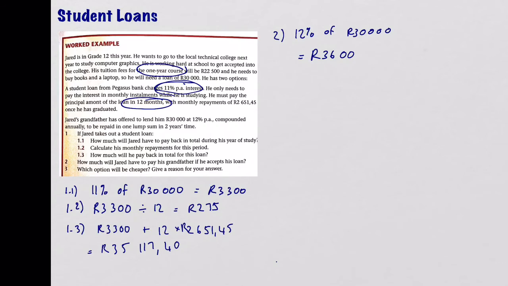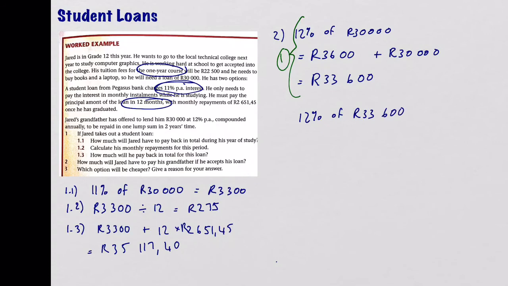And to that 3,600, we're going to add the 30,000. So that in total, at the end of the first year, he owes 33,600 Rand. So this is all year one. Now let's look at year two. We're going to work out 12% again, this time of the 33,600.